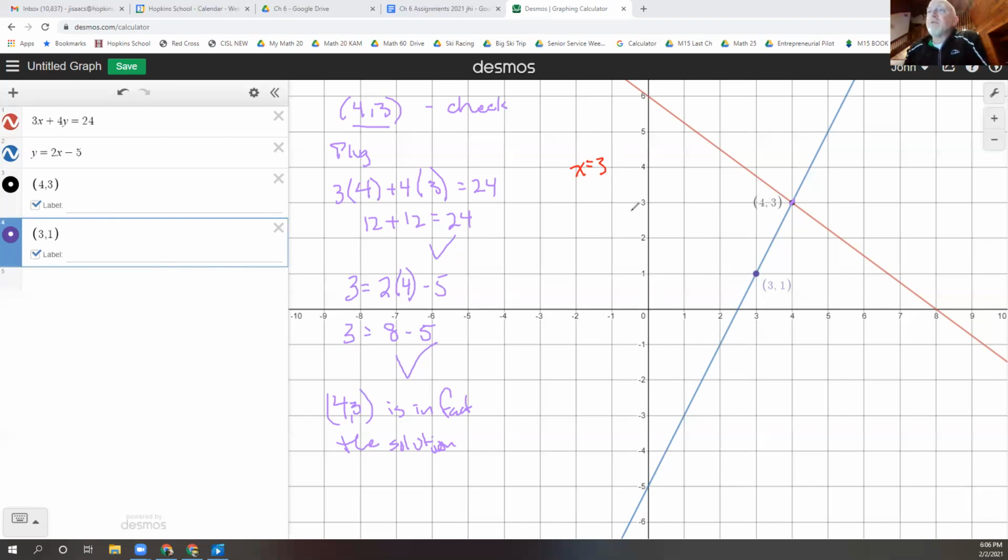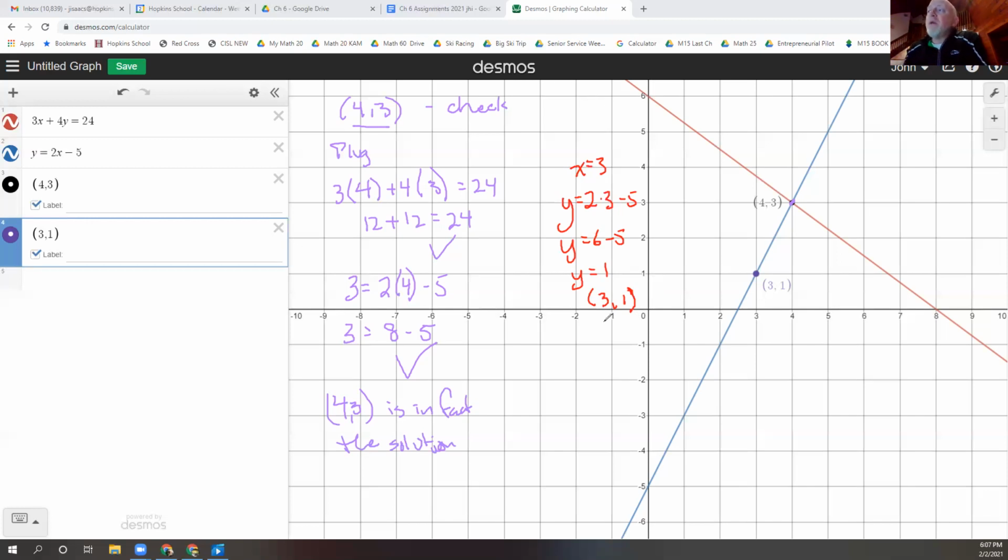If you took x equals 3 into the second equation and said y equals 2 times 3 minus 5, you would get y equals 6 minus 5, and therefore y equals 1. And you would go ahead and say that the ordered pair solution is 3, 1. Of course, you'd be incorrect.